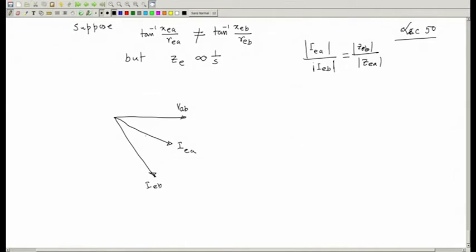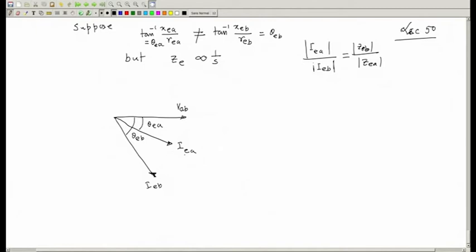These lengths are decided by these ratios for a given load current. Suppose this angle is theta EA, and this angle is theta EB. This way it will lag. Earlier these two angles were the same, IEA and IEB were in phase.